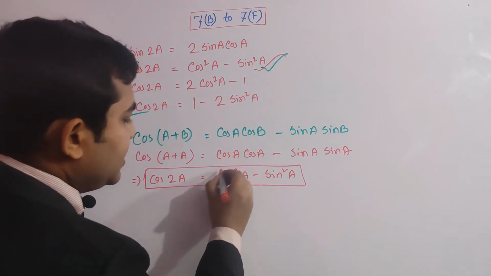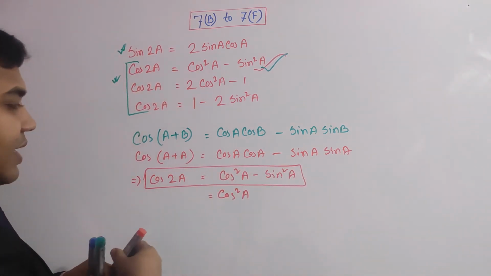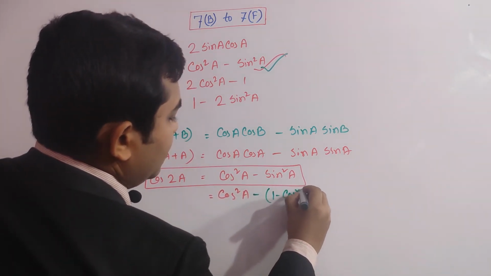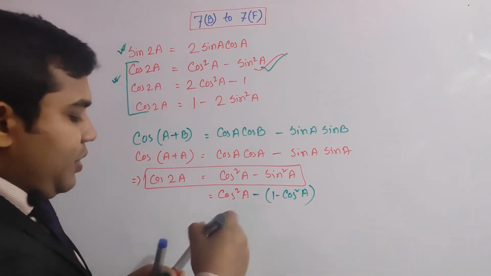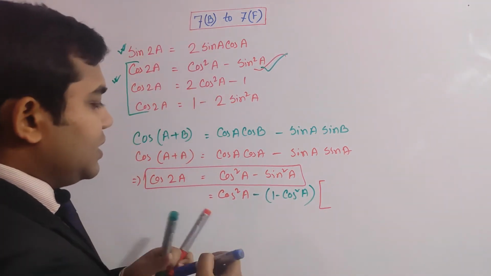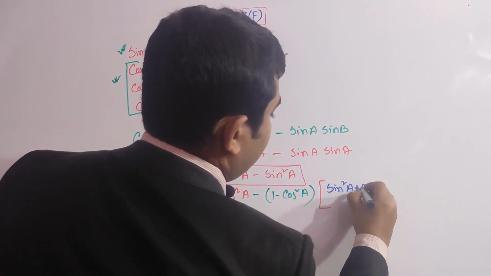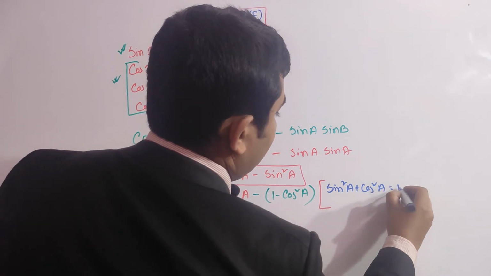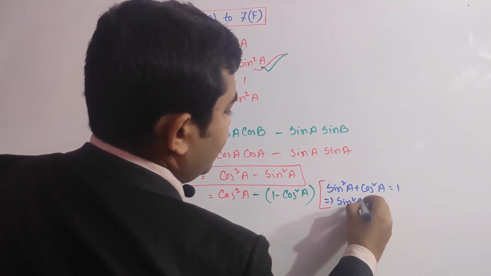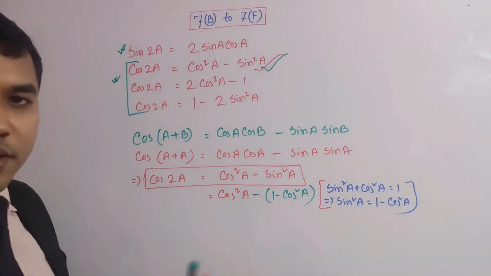Now this cos square remains unchanged, but we can write sin square a as 1 minus cos square a, because we know a formula: sin square a plus cos square a equals 1.